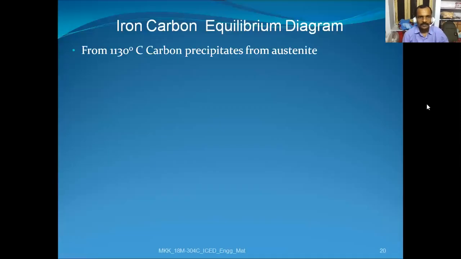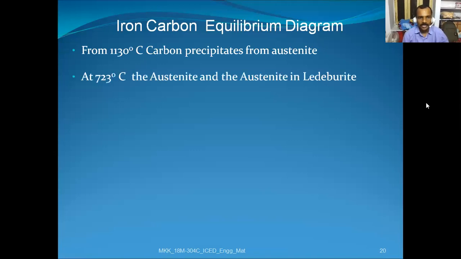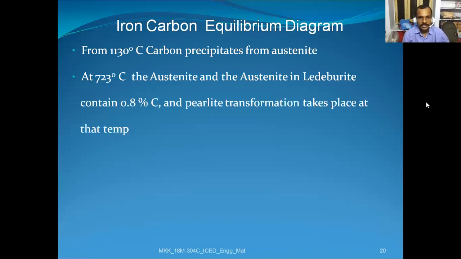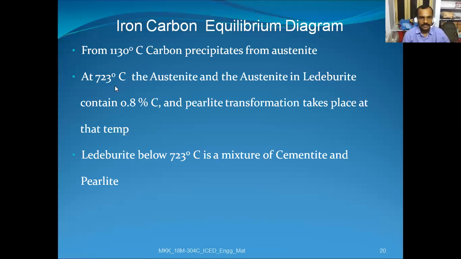From 1130 degrees, carbon precipitates from austenite, and at 723 degrees centigrade, the austenite, including the austenite in ledeburite, containing 0.8% carbon undergoes the pearlite transformation. So at 723 degrees centigrade the transformation takes place.